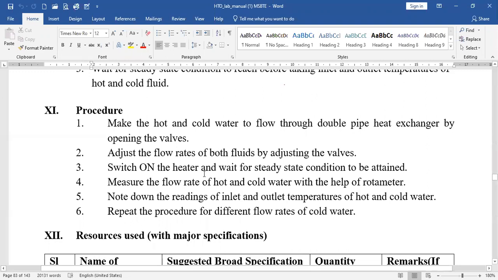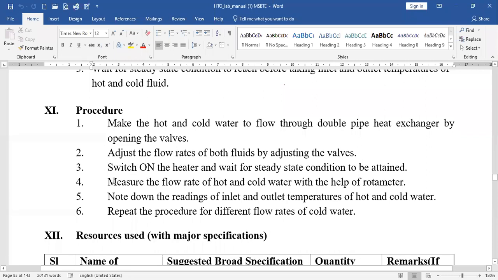Then switch on the heater and wait for the steady state condition. So these are the basic steps: maintain the hot and cold fluid, adjust the valves and flow rates of the cold and hot fluid, then switch on the heaters for heating purpose, and then wait for the steady state condition.